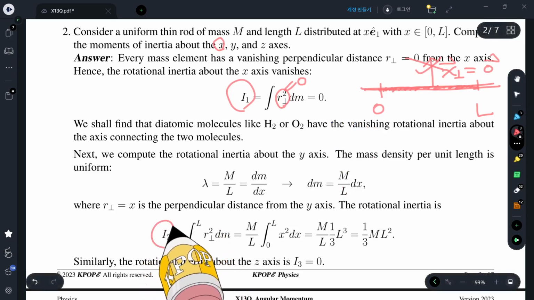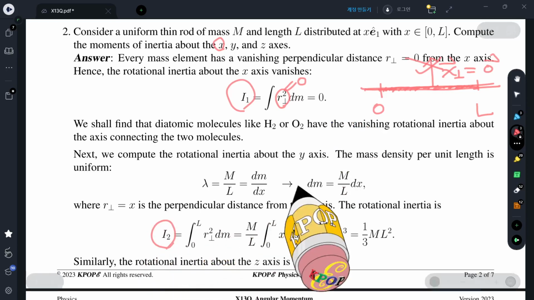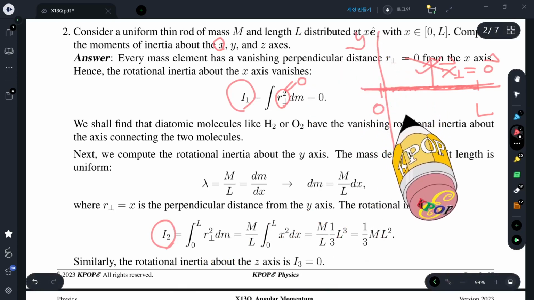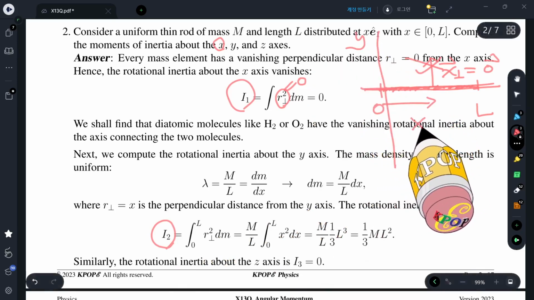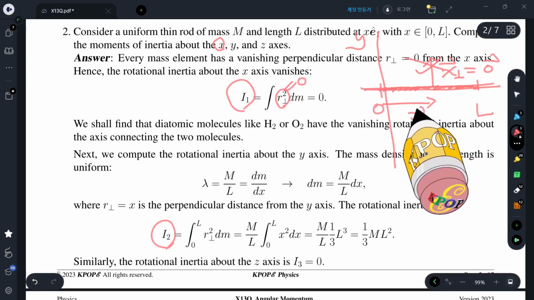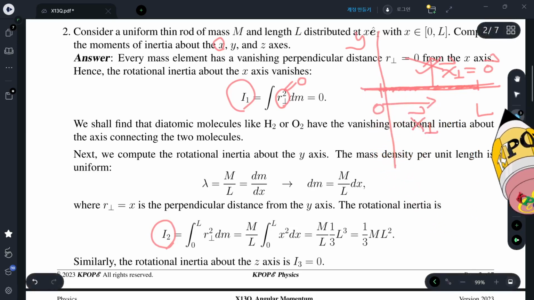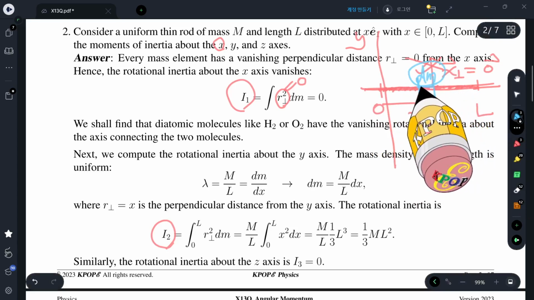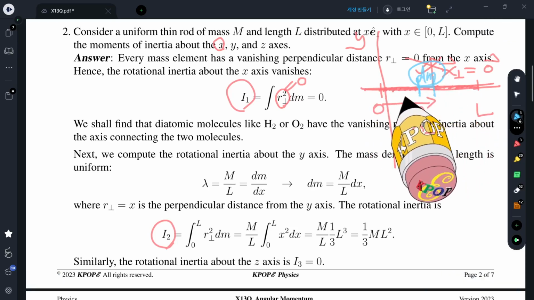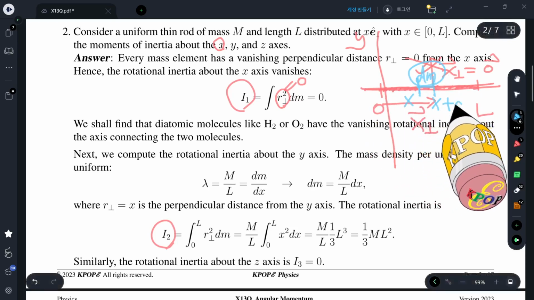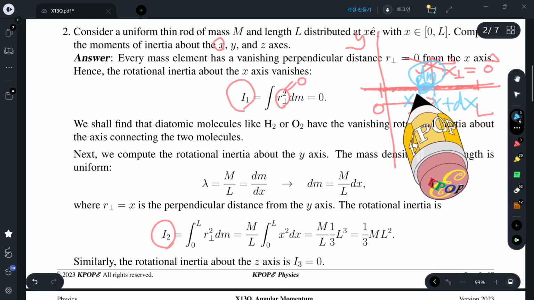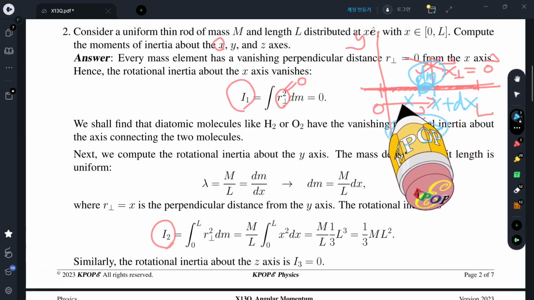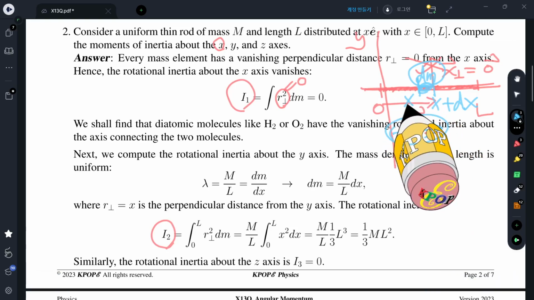Next, we consider the y-axis. About the y-axis, we have a non-vanishing x perpendicular vector because we have some mass element dm distributed between x and x plus dx, and we have a lever arm vector whose magnitude is the coordinate x.